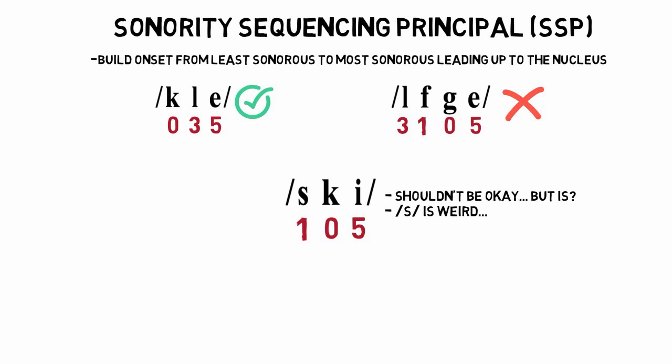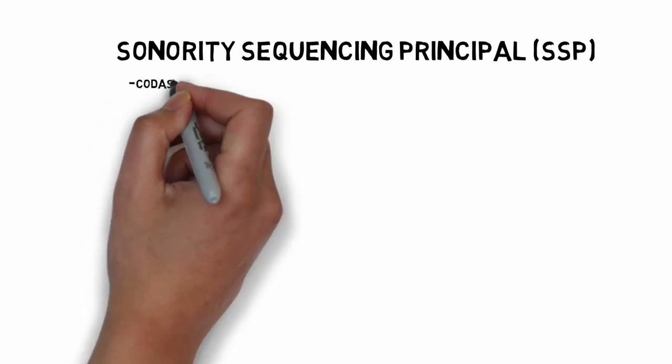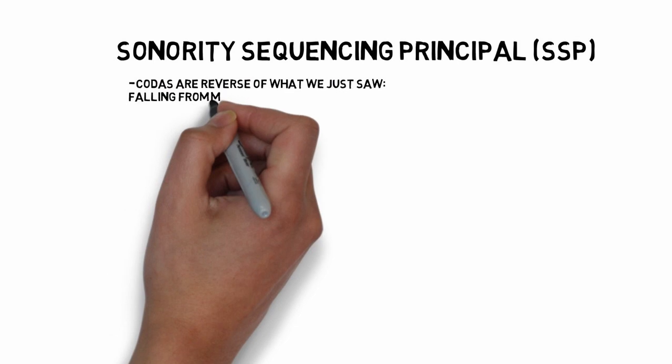After a voiceless stop, you can have a liquid, although at this point it's starting to follow the sonority sequencing principle again. So what you should know is that if you have a s at the beginning of an onset, it doesn't necessarily have to rise in sonority. It can go down to a voiceless consonant, and then it can start rising in sonority again up to the nucleus. And we see something similar in codas, actually.